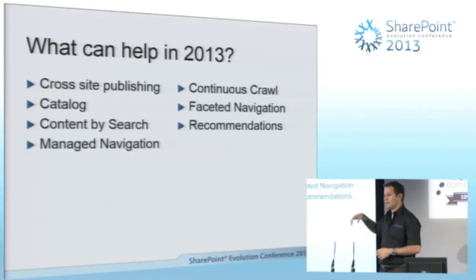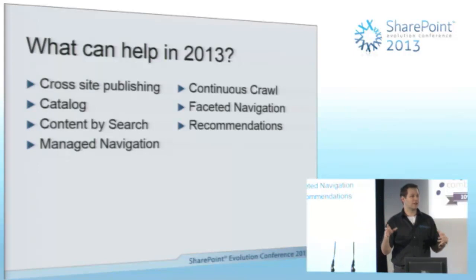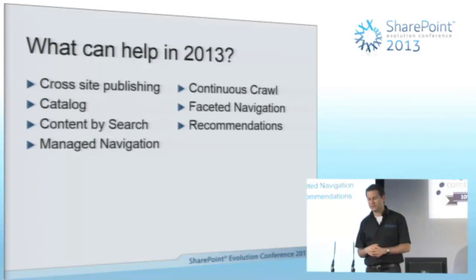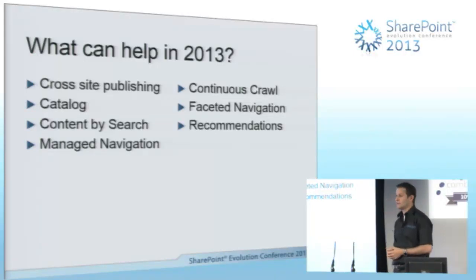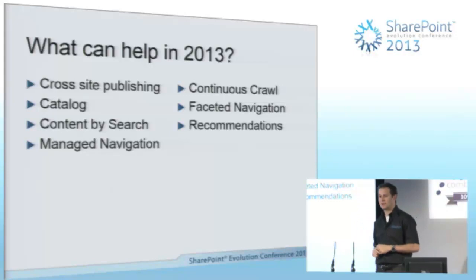Managed navigation, so being able to build and manage your nav structure of your site from metadata or taxonomy in SharePoint and the flexibility that gives you. That's another huge win for intranets. Continuous crawl, so hands up anybody that doesn't know about continuous crawl. Anybody? Basically, just a quick summary is that it lets you get stuff into your search index much quicker.